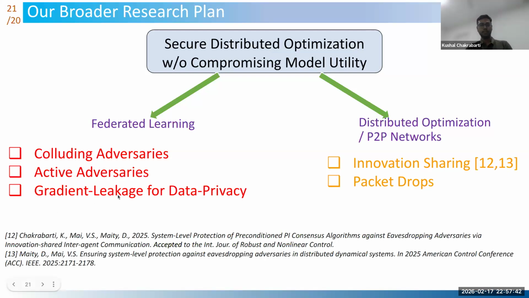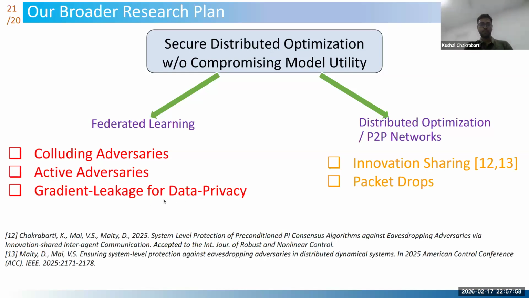And I will also look into the data privacy of the model, which I talked about at the very beginning of the talk, which is basically an inversion problem from gradient to recovering the data by the adversaries.